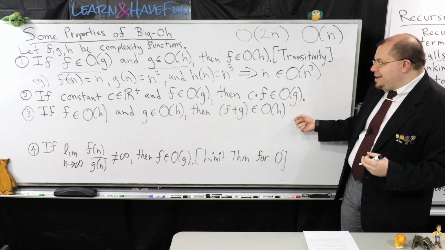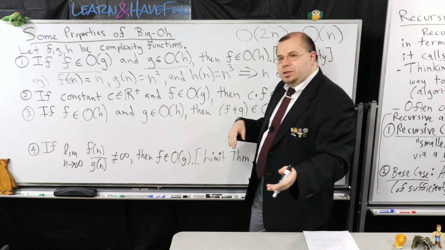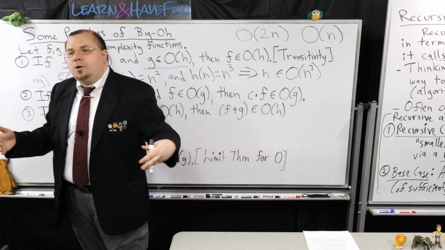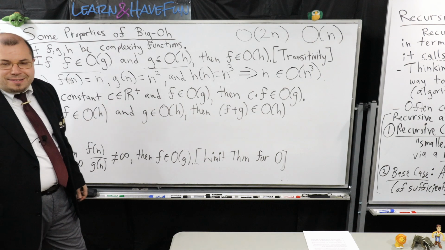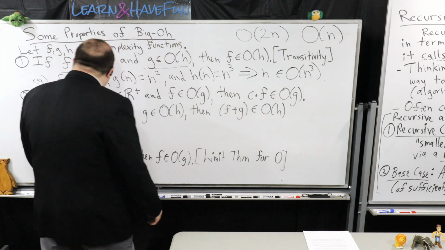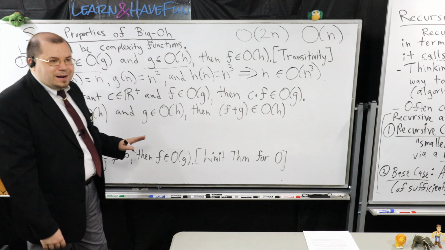Now, the third one is simply this: if I have two complexity functions and I show you that they both are big O of h, that means if I add the two together, it's still big O of h. We saw a manifestation of this the other day in that example.